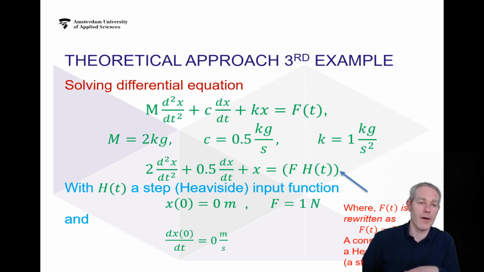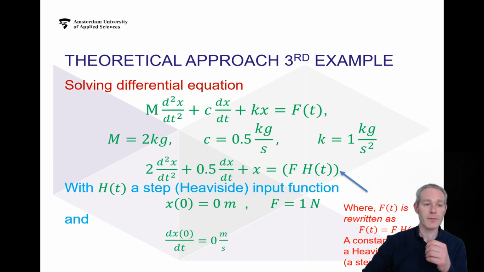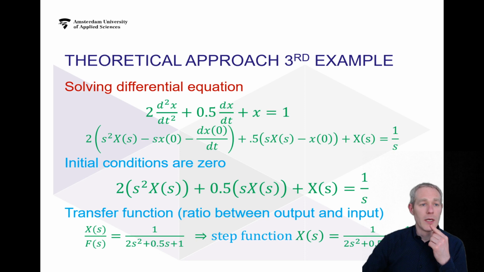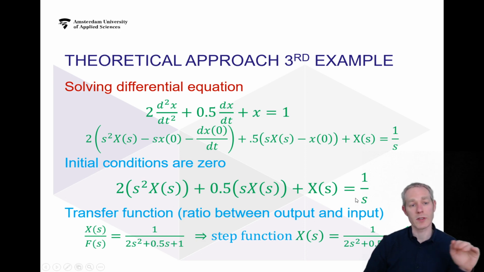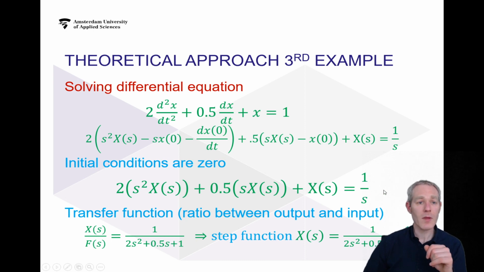It is a force multiplied by the Heaviside function. So we have our differential equations, and we take the Laplace transform. Initial conditions are 0, so we get this expression. Now, if we take the Heaviside function of the input of our force, which was a step function with step 1, we get 1 over S.